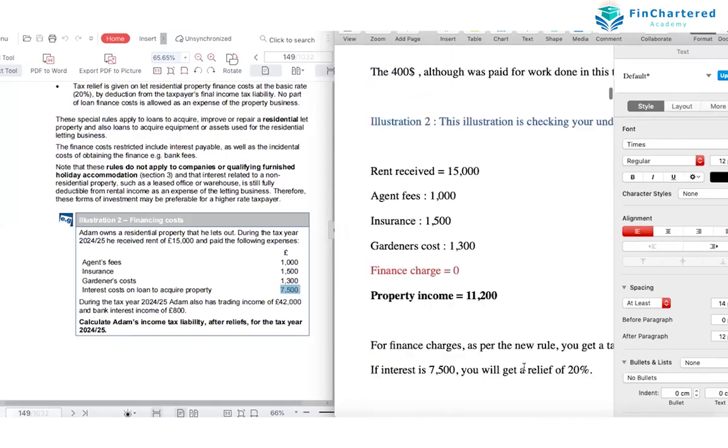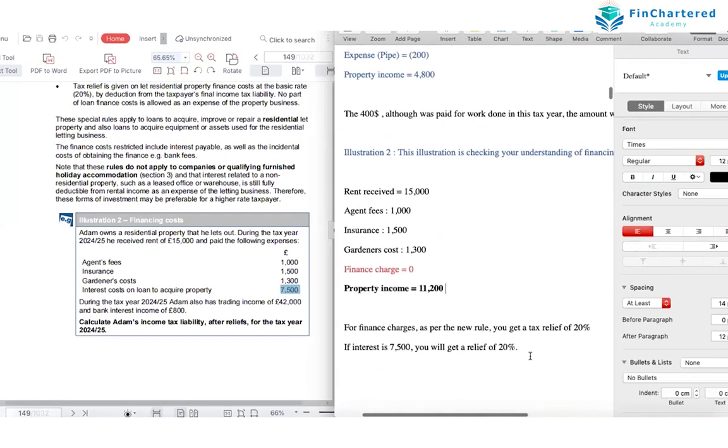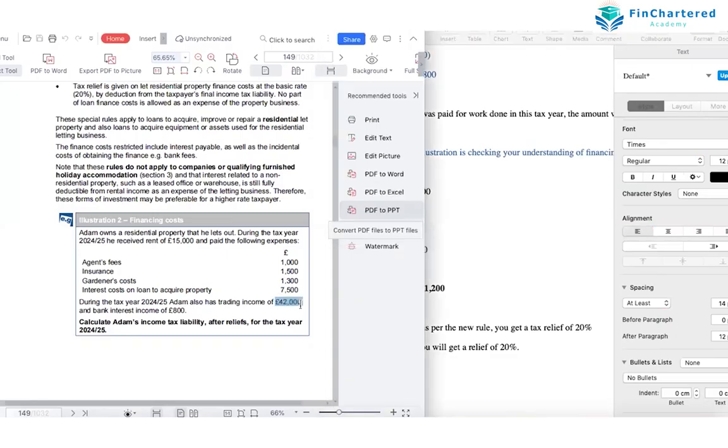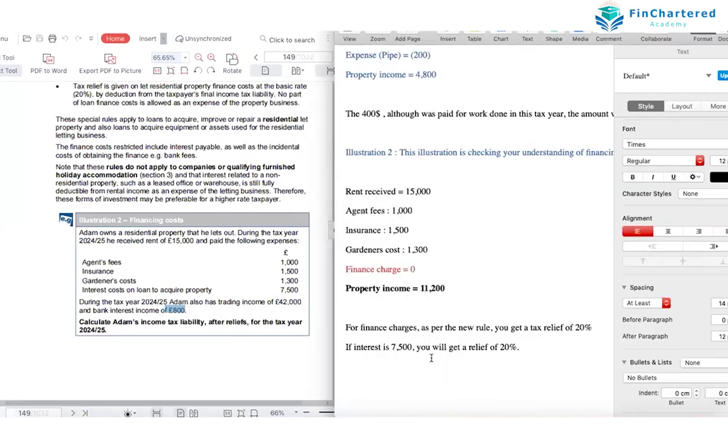What do I mean by continue to do this sum as usual? Again, remember, there's another piece of information. He has a trading income. He has non-savings income of 42,000 and he has savings income of 800. This you will calculate just like how we did in the previous three chapters.